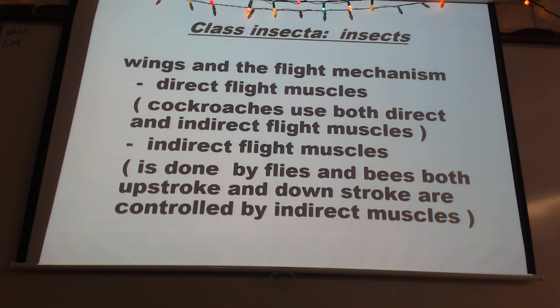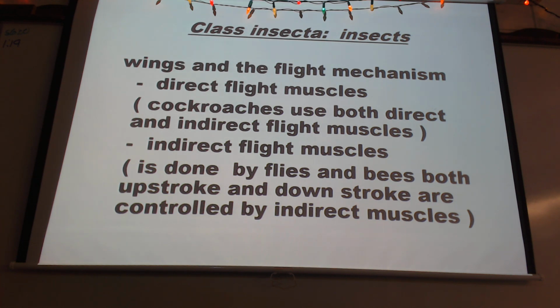Because why is it that you might know that you've got a house fly in your house, and you might not know that there is a butterfly in your house? Right, because when you hear a house fly, they have what's called synchronous and asynchronous, different types of muscles as well.